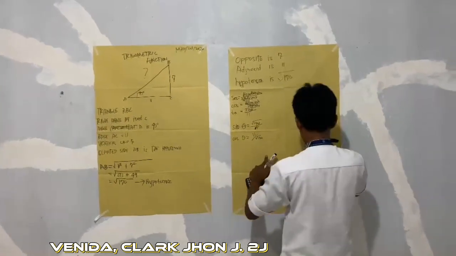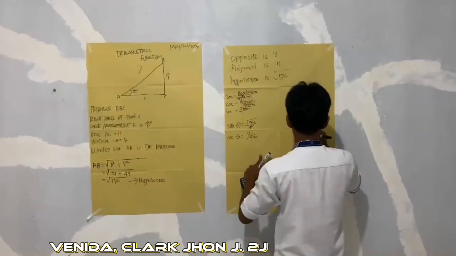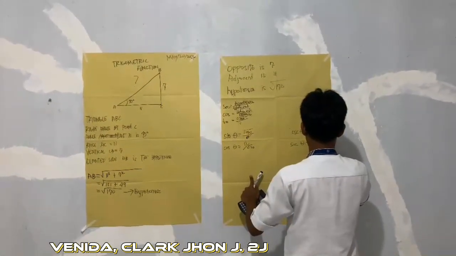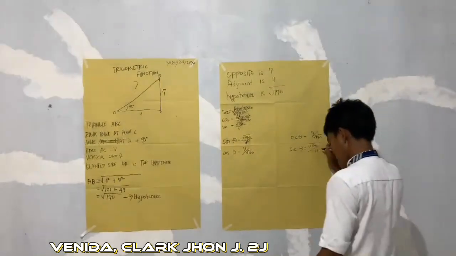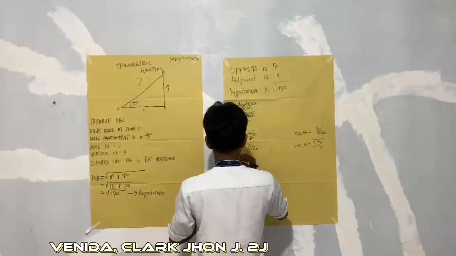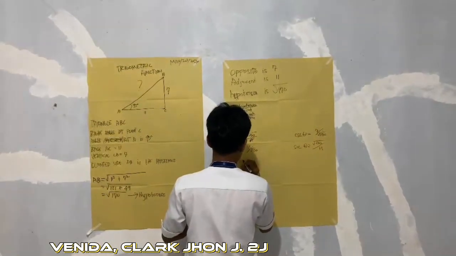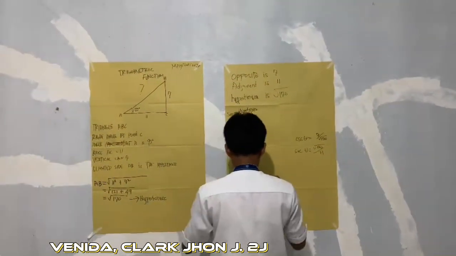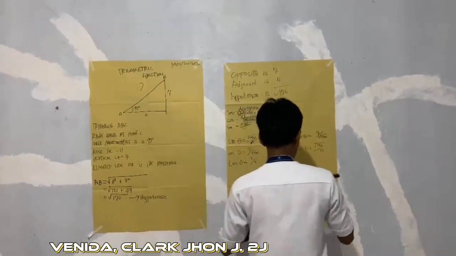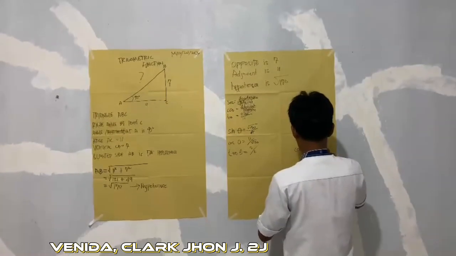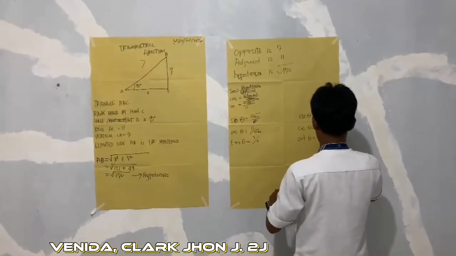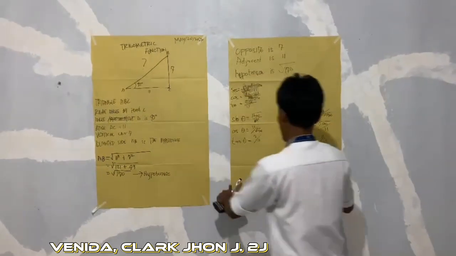And the tangent equals 7 over 11, and the cot is 11 over 7.